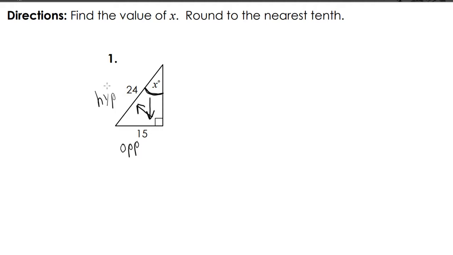Well, what formula uses the hypotenuse? That would be sine. So I'm going to use the sine formula, so it's going to go sine of x degrees, I should say, is equal to opposite, so 15 over 24.